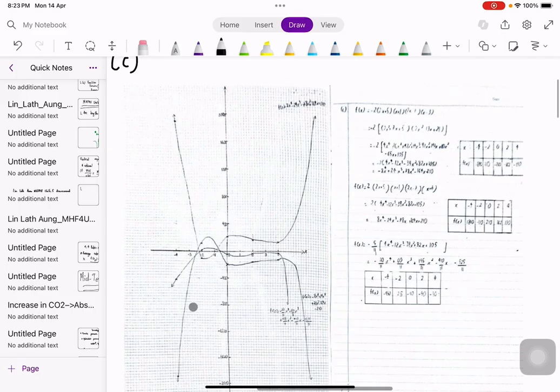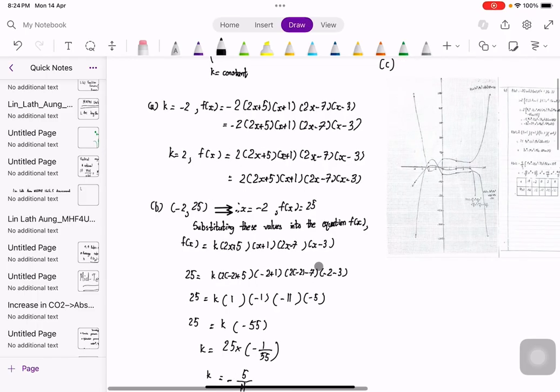The negative graph has an M shape, which means it is an open-down parabola, facing downwards. This one is 2, this one is minus 2, and this is our newly obtained value of minus 5 by 11. Here you can see it becomes a little shorter because of its smaller scale. So that's all about my number 1.